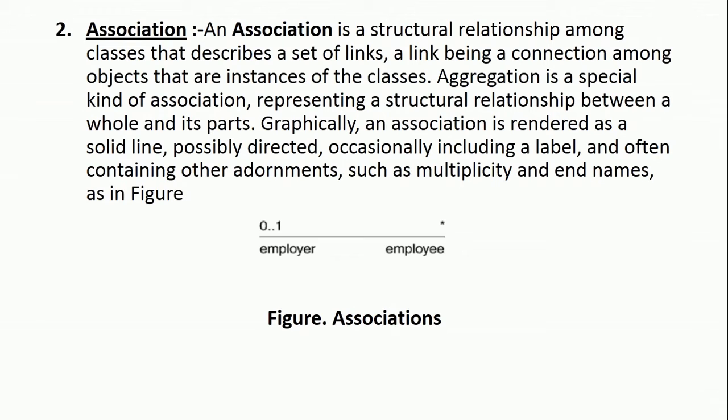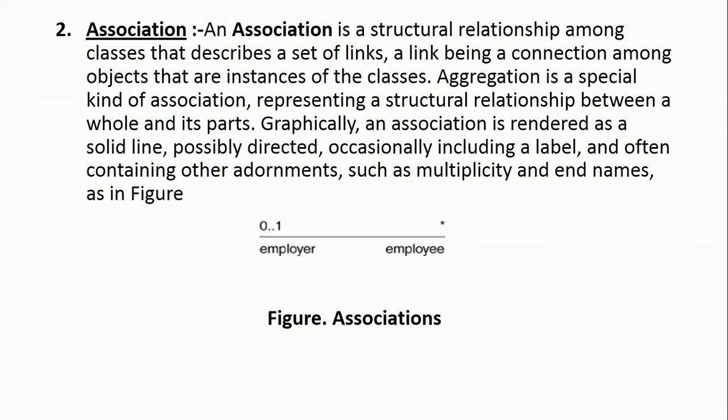Aggregation is a special kind of association representing a structural relationship between a whole and its part. Graphically, an association is rendered as a solid line, possibly directed, occasionally including a label, and often containing other adornments such as multiplicity and end names, as in the figure.